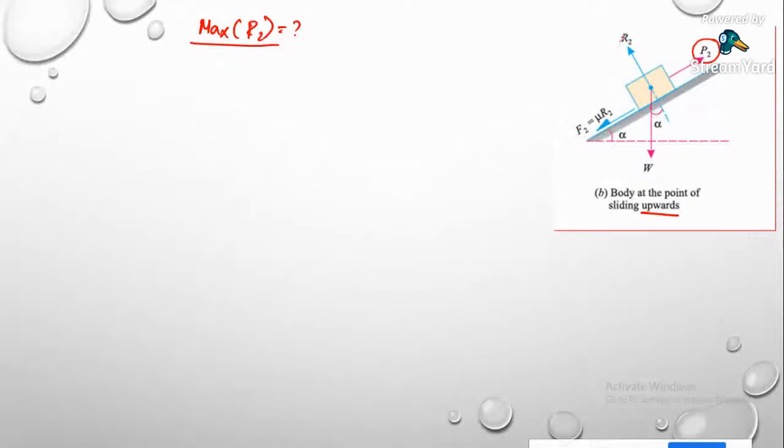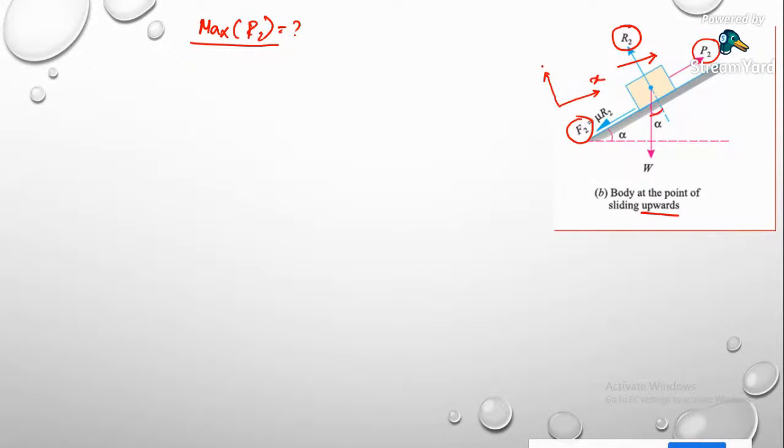This is the reaction force between the block and the floor, and this is the friction F2, developed because the body is moving in this direction. So the friction will act in the opposite direction. And this is the angle between the horizontal and this floor. If this is alpha, then this angle will also be alpha. Now suppose this is my reference axis, the inclined plane.